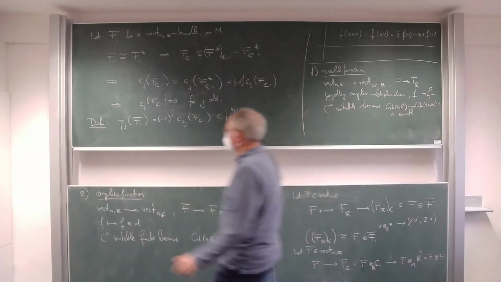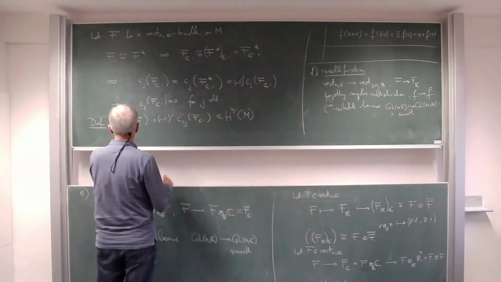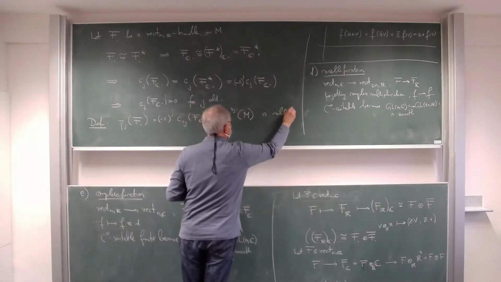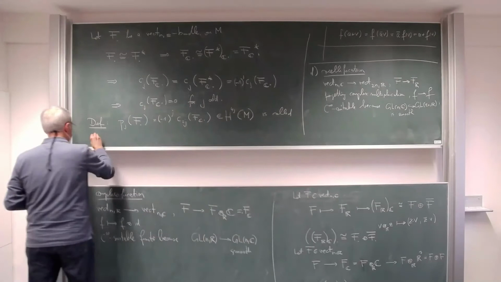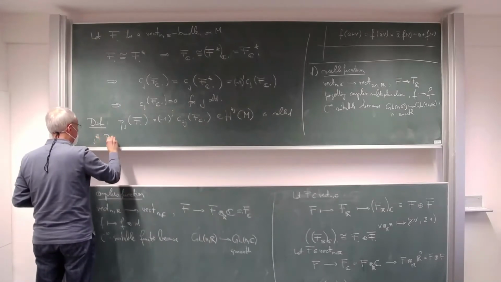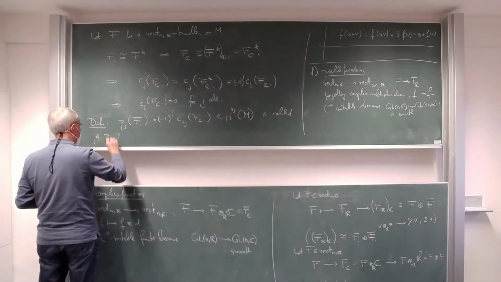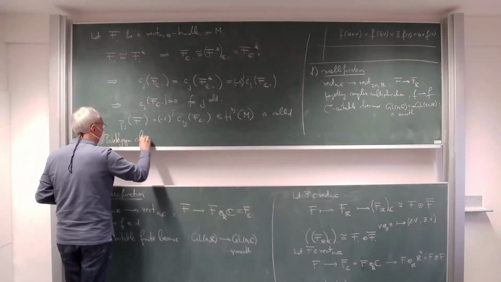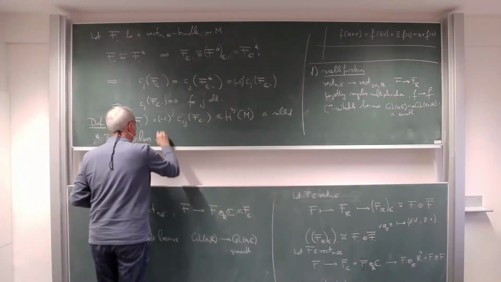Alright, and these cohomology classes, so this p_j is called the jth Pontryagin class of the bundle F.